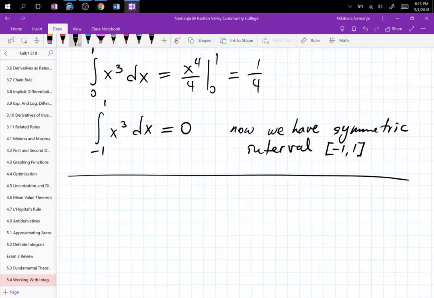Well, we are done with those two formulas. The next formula that we are going to take a look at is the average value of a function.